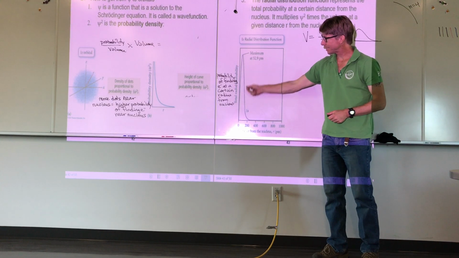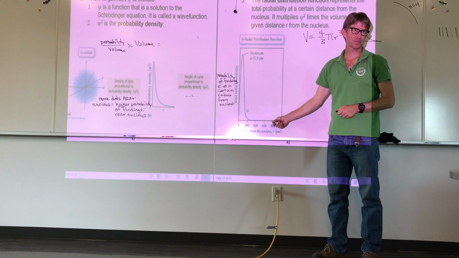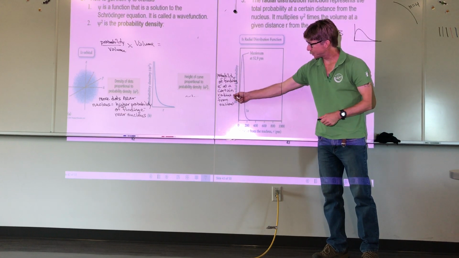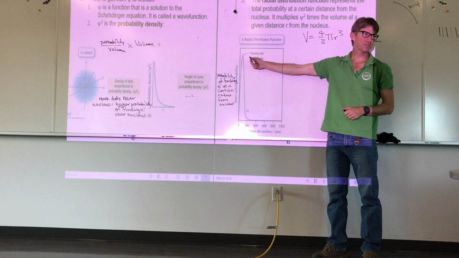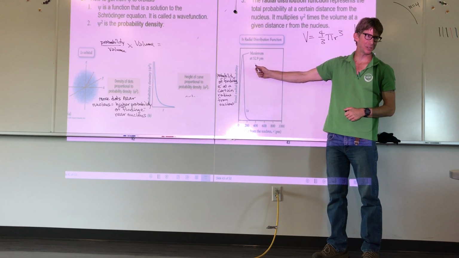But now let's talk about this. This is the probability of finding an electron at a certain radius from the nucleus. There is a maximum at 52.9 picometers.